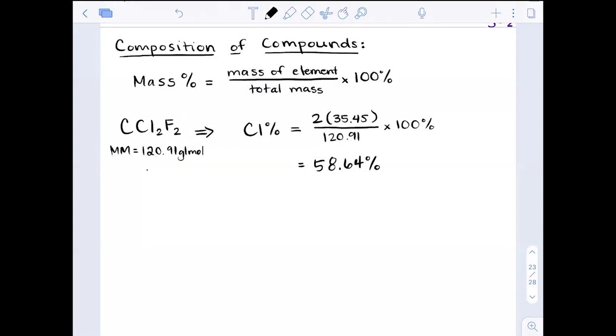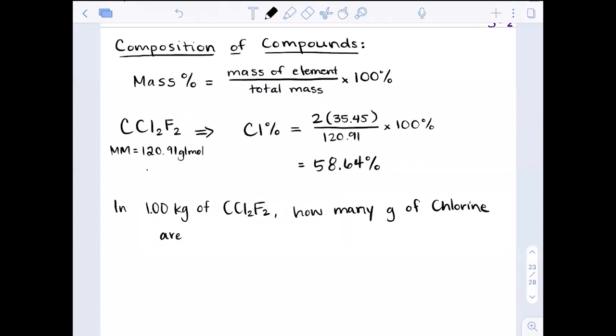Now, what we could do with that mass percent is actually figure out a quick way of converting between grams of a compound to grams of an element, such as this. In 1.00 kilograms of CCl2F2, how many grams of chlorine are there?